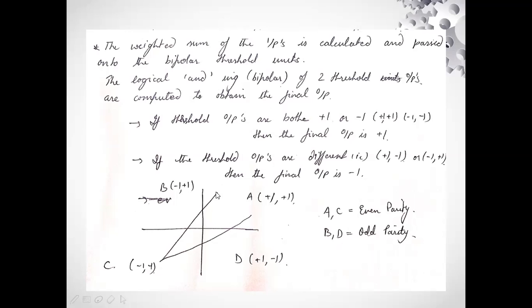This is one line for Adeline 1, and this is another line for Adeline 2 output. So this is how the output is classified into two parities on the graph. You can see A and C fall under this region, and the outer region falls in the B and D part. So this is how the non-linearly separable problem is solved.